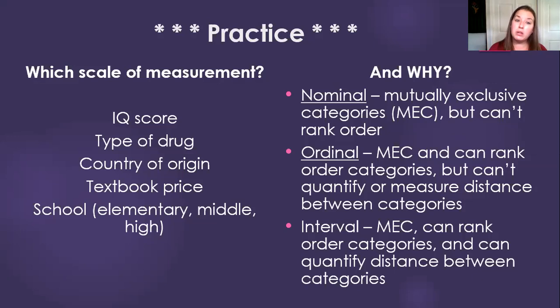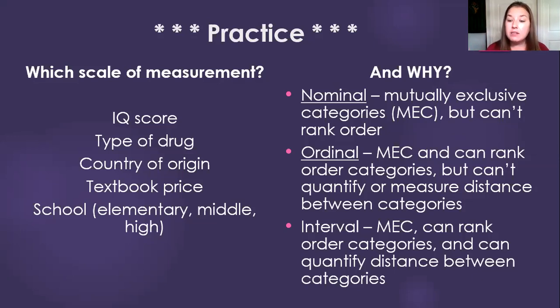Then this last one is school, where the categories are listed as elementary, middle, or high school, so that students are picking if they're in elementary, middle, or high school. This one would be ordinal. There are mutually exclusive categories. Either you're in middle school or you're in high school or you're in elementary school. You can't be in both at once. We can rank these in some logical order, right? You start in elementary school, then you go to middle school, then you go to high school.